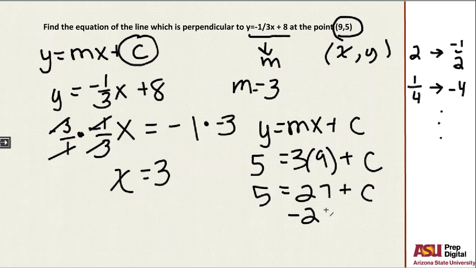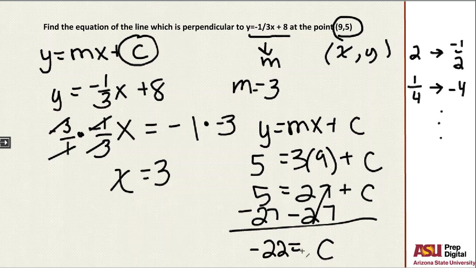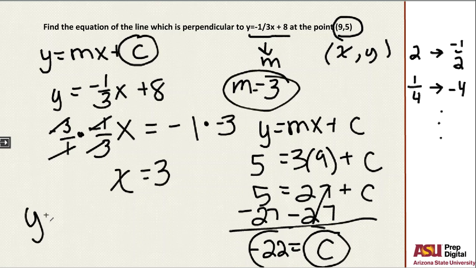Now I'm going to subtract 27 from both sides to figure out what that c value is. So 5 minus 27 is negative 22. That's what c has to be. So now I found my c and I found my m, so I have my final answer: y equals 3x minus 22.